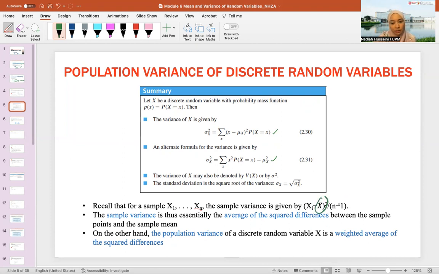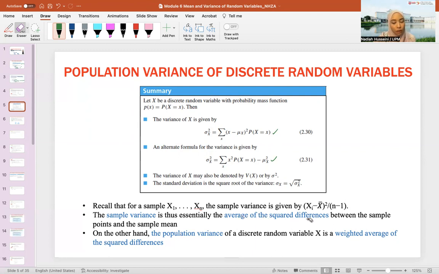So for sample variance, this is the equation whereby your sample value minus the mean is divided by the total number of samples minus 1. For population variance, it was divided by n. That was the difference.